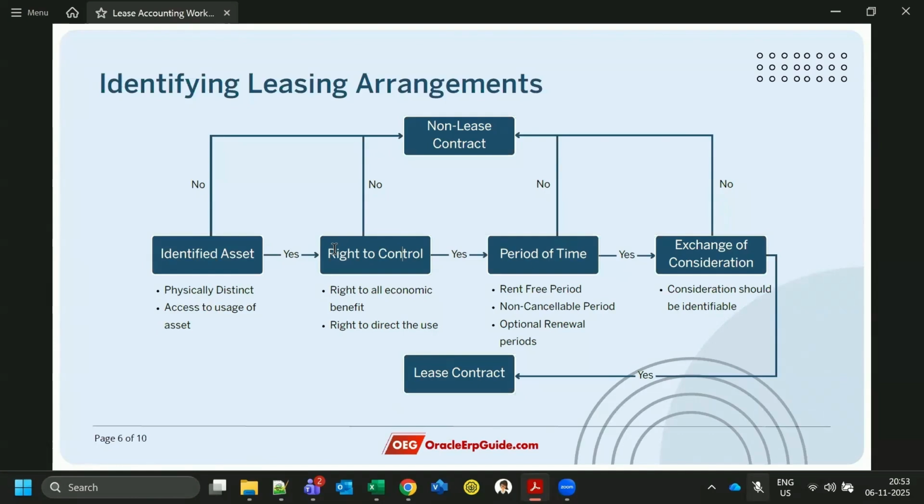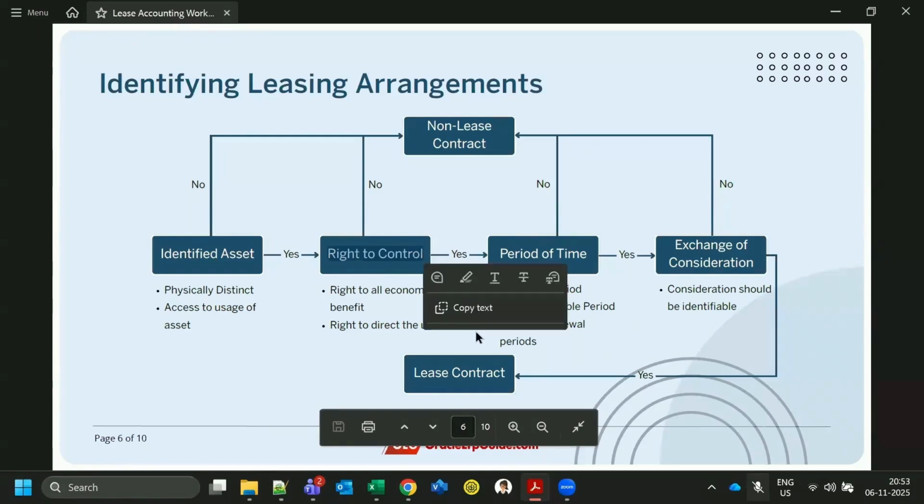In such a case, I cannot term the SaaS model a lease contract, and hence it is a licensing cost that I incur as an operating expenditure in my P&L, and I never create a leasing contract here. So that's on the right to control.